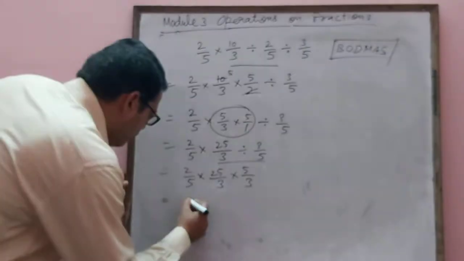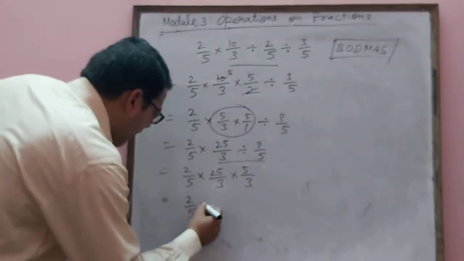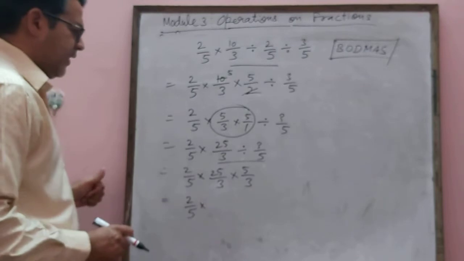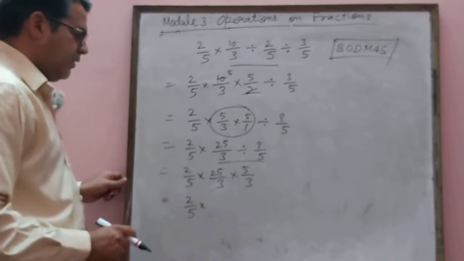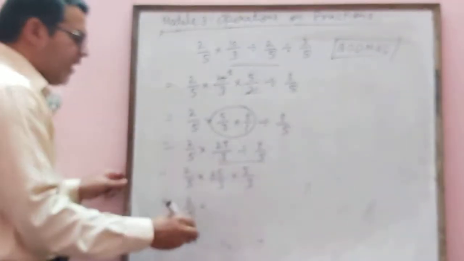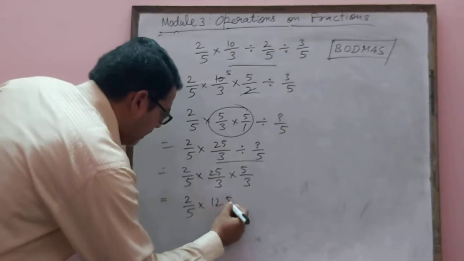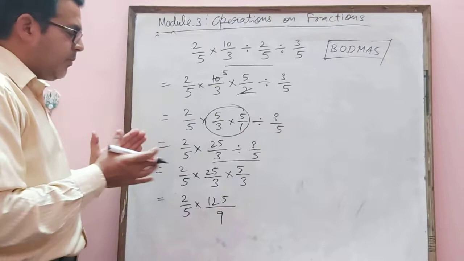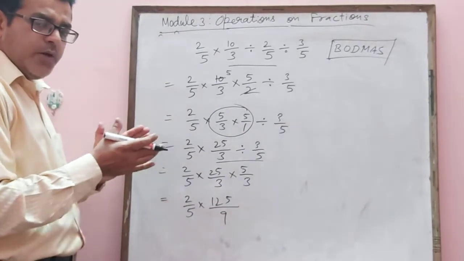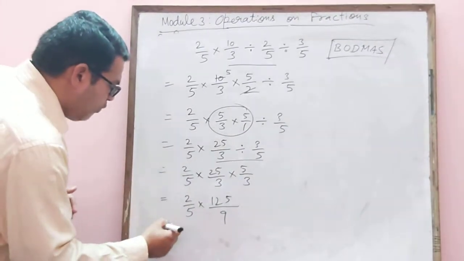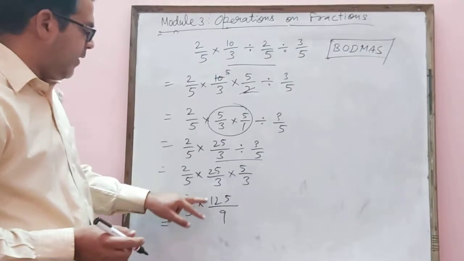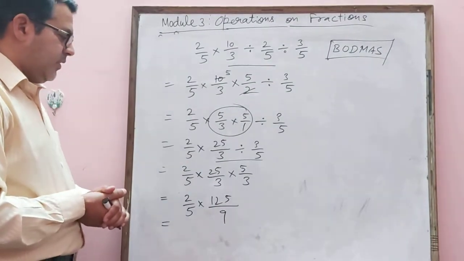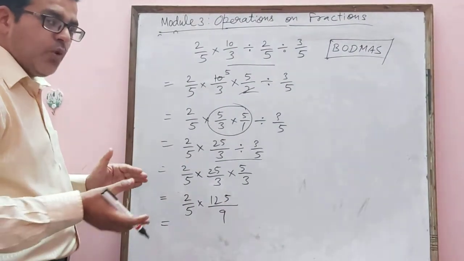So what we can do now? We have to multiply these things together, right? So 25 into 5, 125 we can write it, and 3 into 3, 9, we are multiplying numerator with numerator, denominator with denominator. Now two fractions we have here, 2 by 5 and 125 by 9. We have to solve it now, we have to multiply.